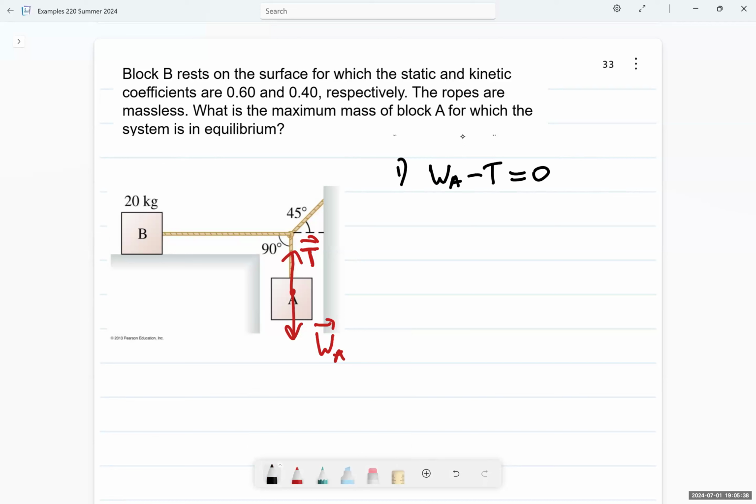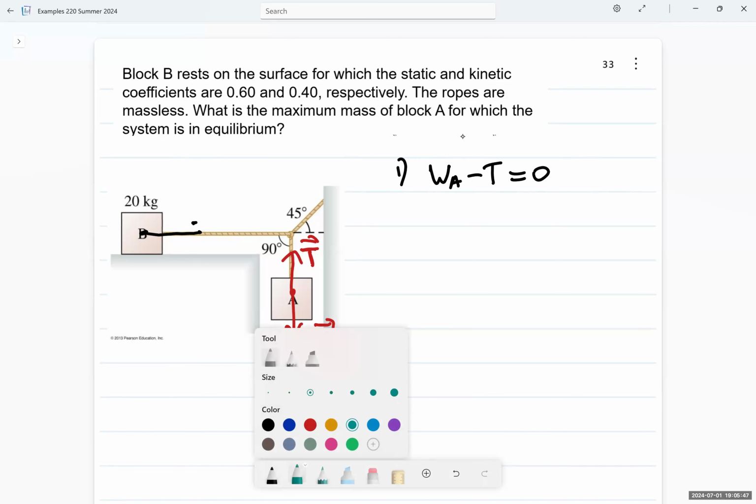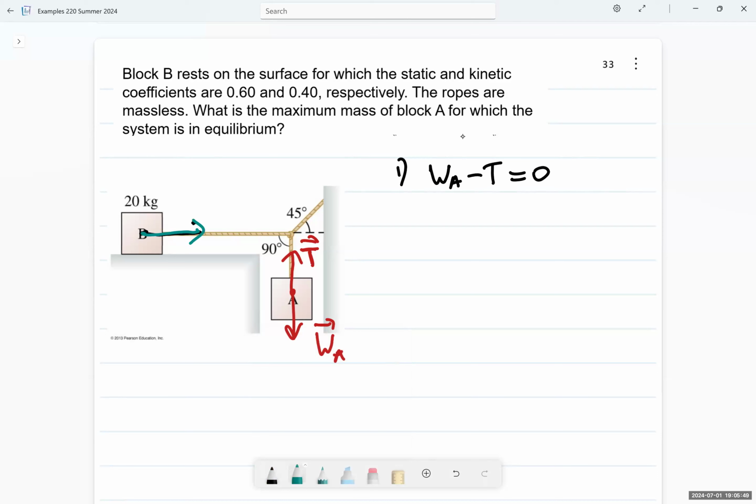And then I look at B, and B has 4 forces acting on it. There's a tension to the right, a static friction to the left, a normal force up, and a weight of B down.